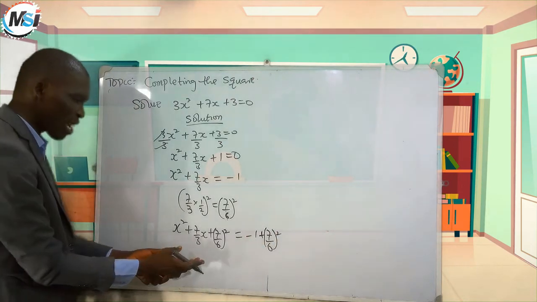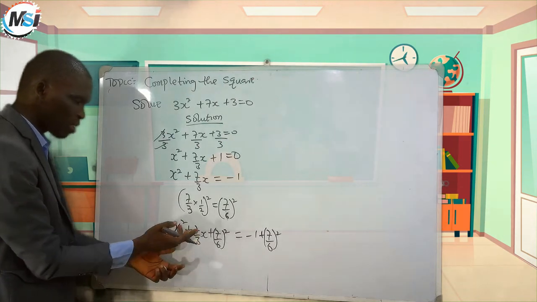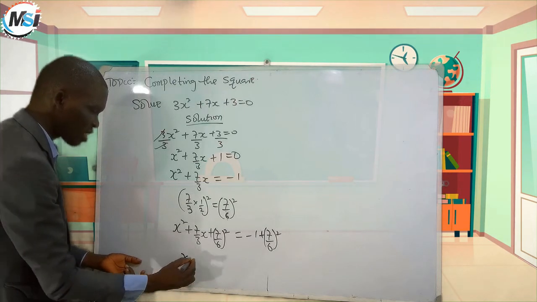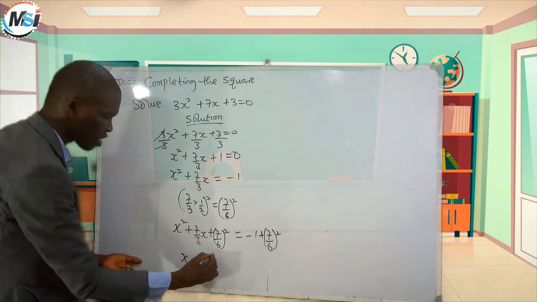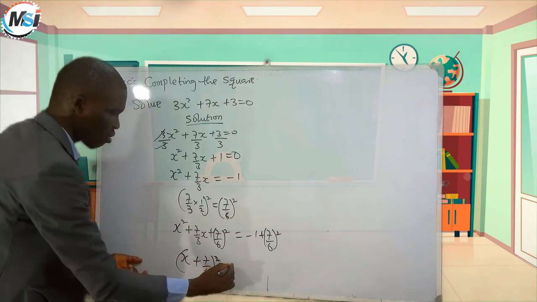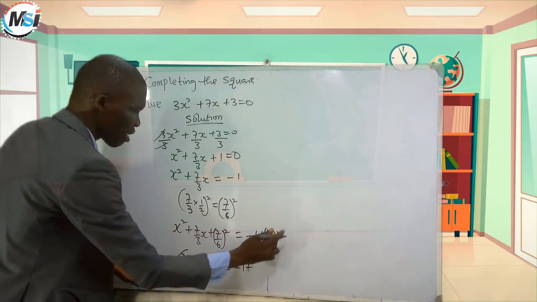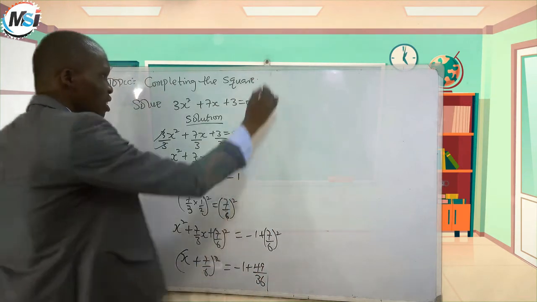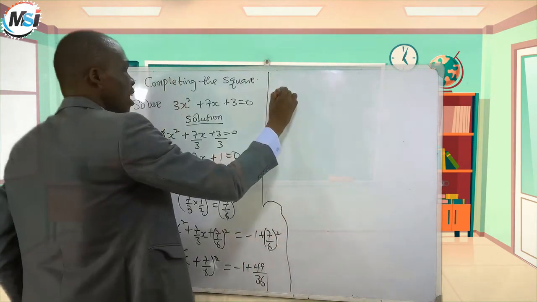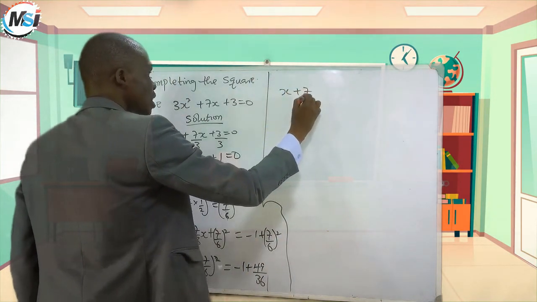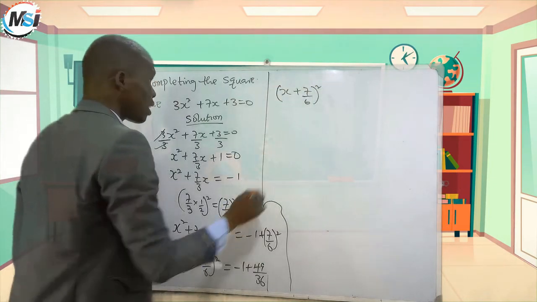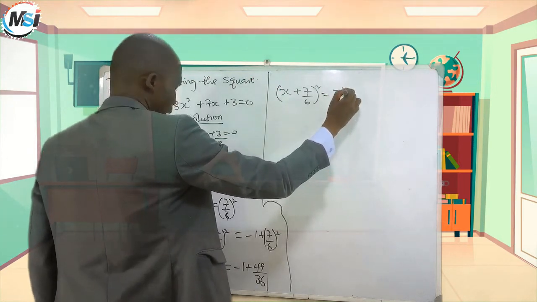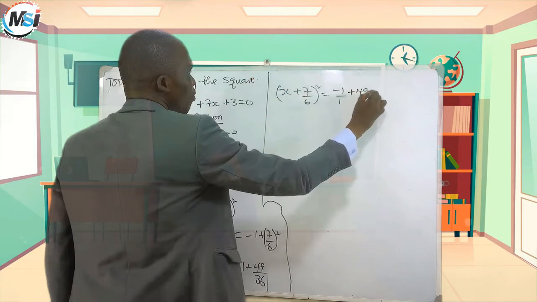Okay, now from here, since the square is here, you can write it as x plus 7 all over 6 squared equals minus 1 plus 7 times 7, 49, 6 times 6, 36, right? So this will give us x plus 7 all over 6 squared equals minus 1 all over 1 plus 49 all over 36.